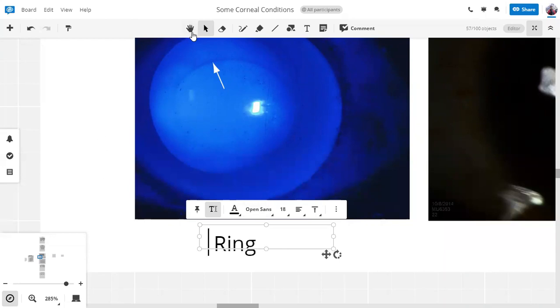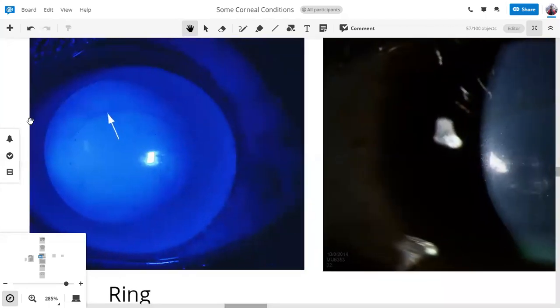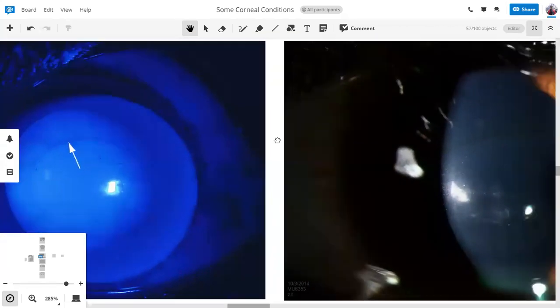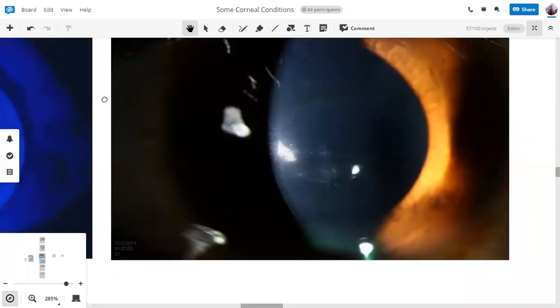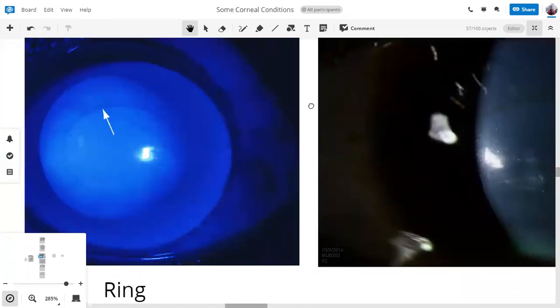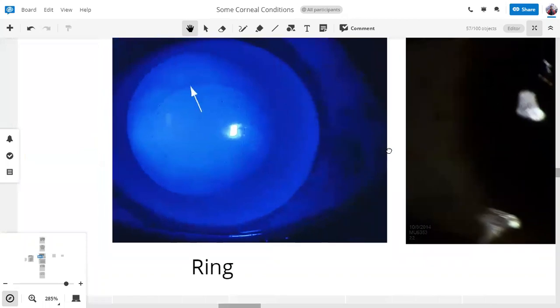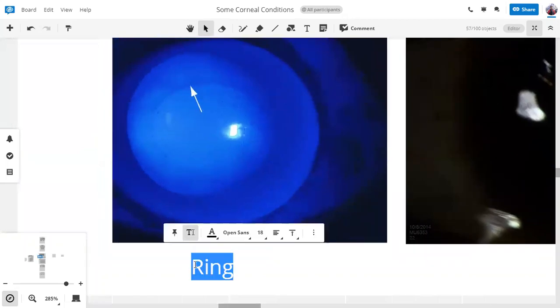A horizontal line in the upper part of the cornea. All right. It's visualized using cobalt blue, and it's somewhat brown in color. It's best visualized by cobalt blue light.